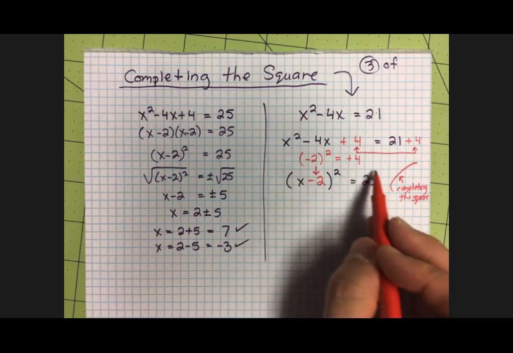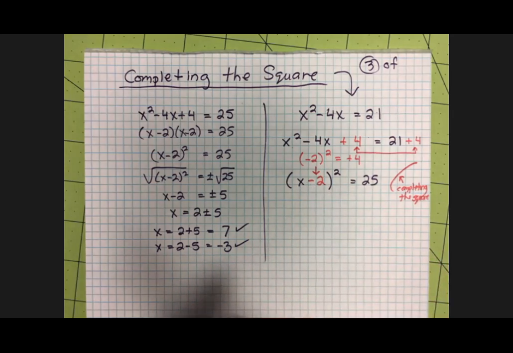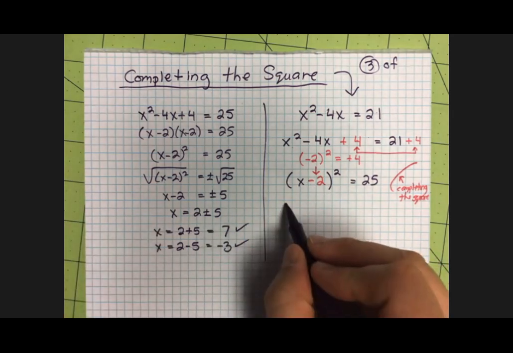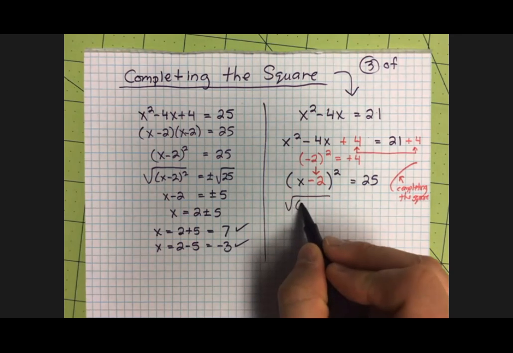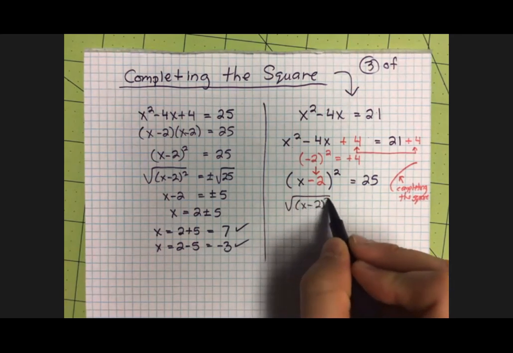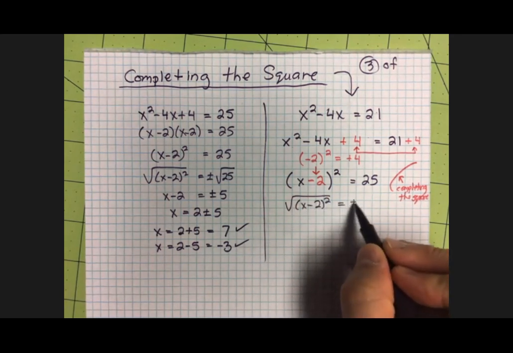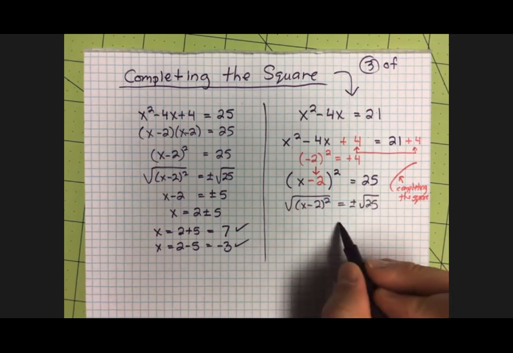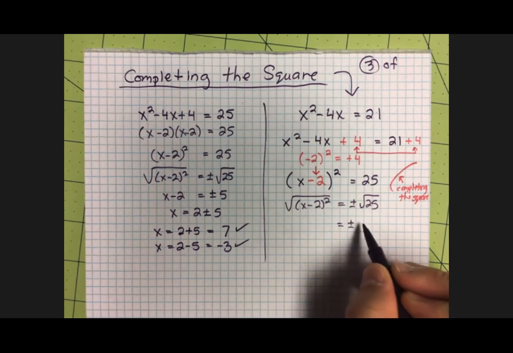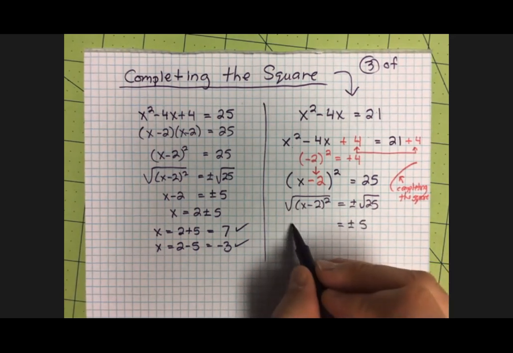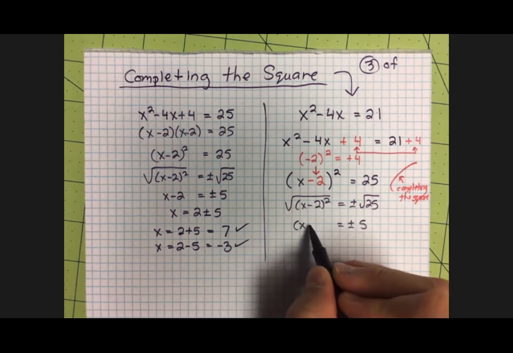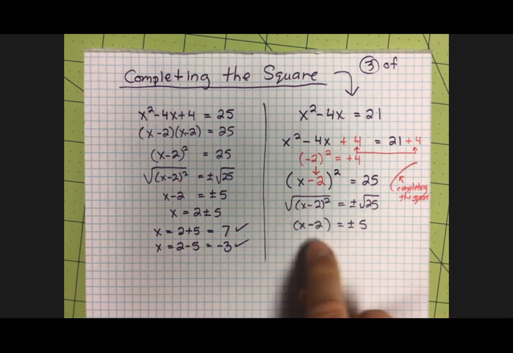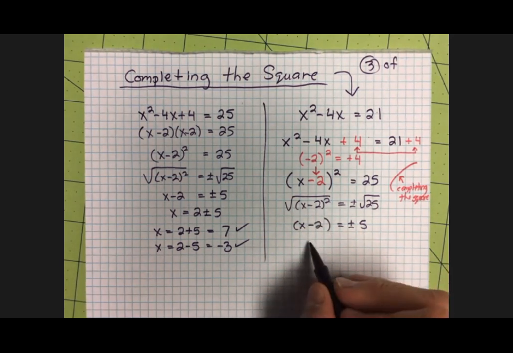Figure out what's on the right side, and then finish now with the square root property. The fact that this is a plus minus square root of 25 is kind of a gift in this problem. It doesn't always have to be so nice. And I finish the problem by adding 2 to both sides.